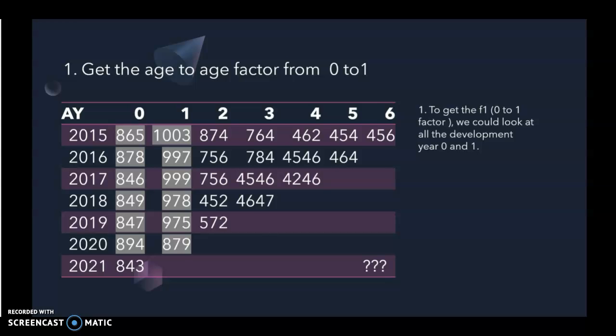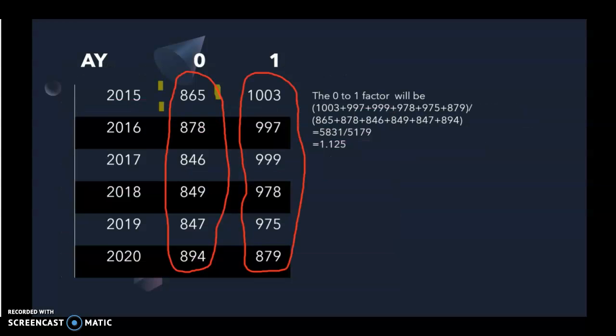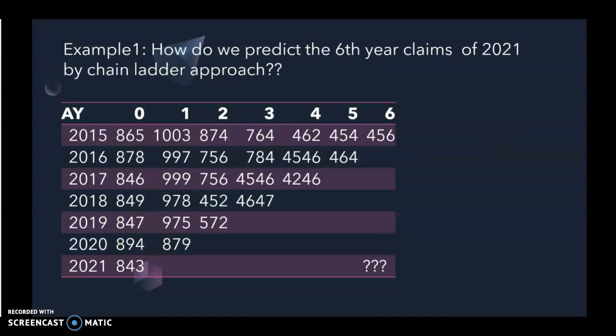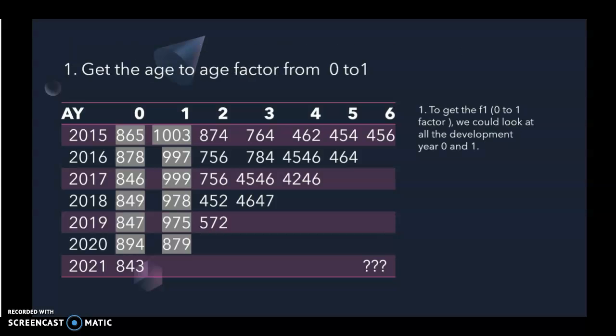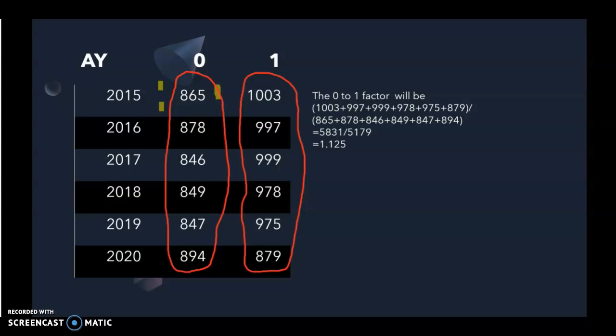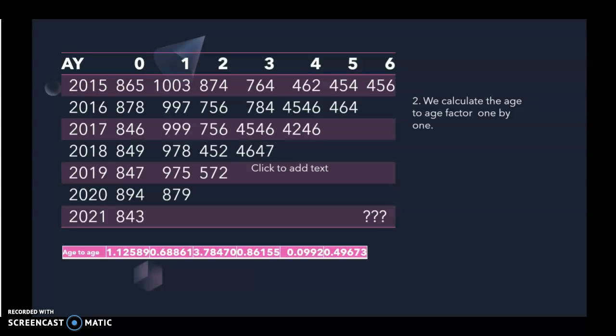It will be the sum of year one divided by the sum of the loss of year 0. So then we can get the 0 to 1 factor by calculation. And by this method, we can get the age-to-age factor year by year.